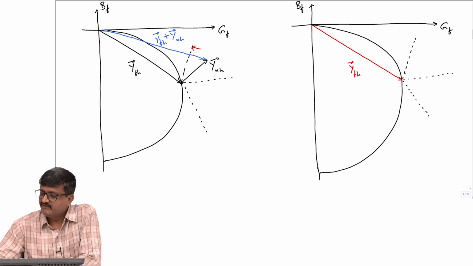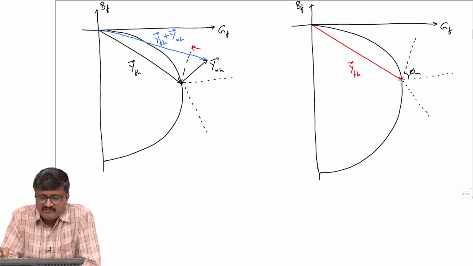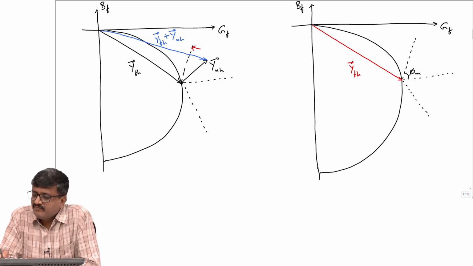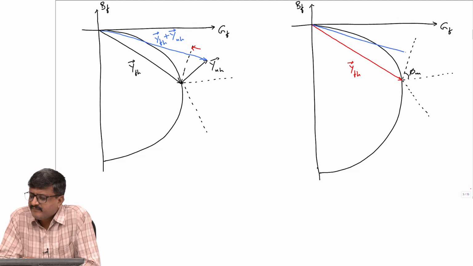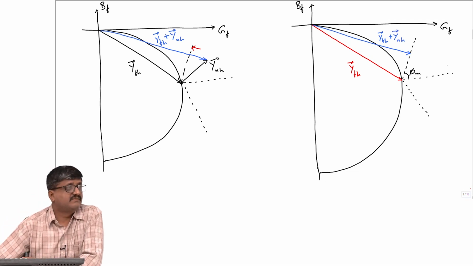Okay. So, the boundary is this which makes an angle phi m. So, that should give the least value of the magnitude of y of h plus y n h.